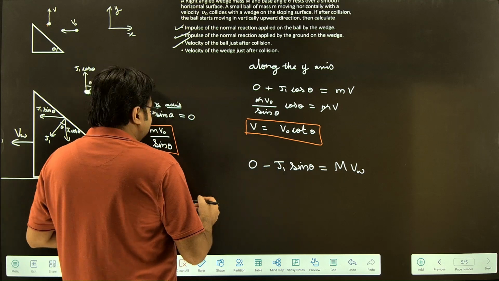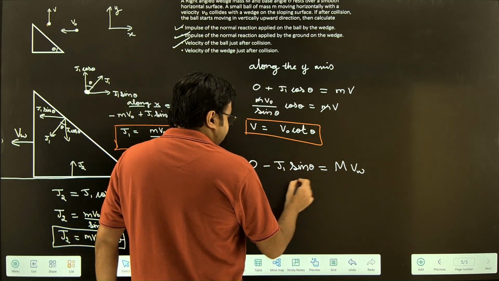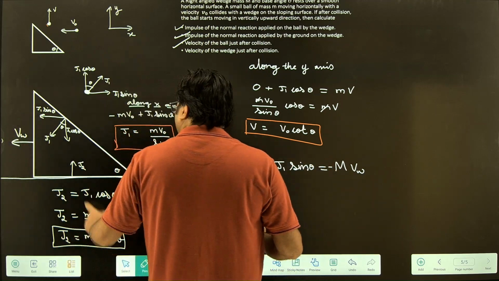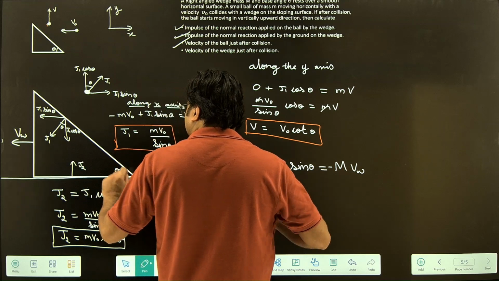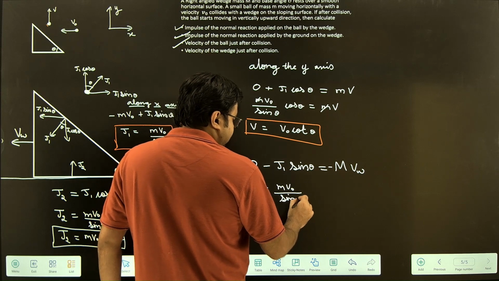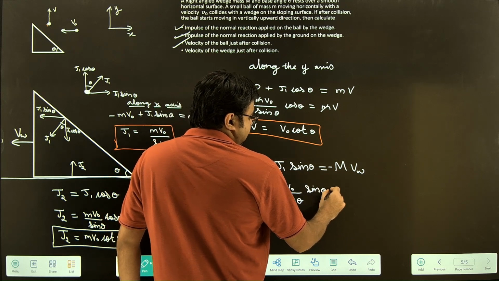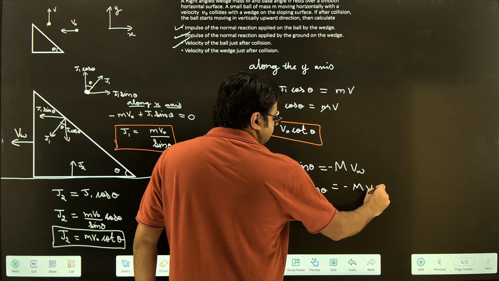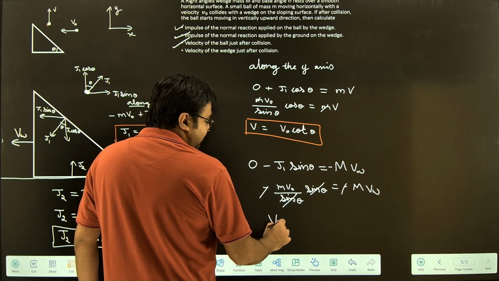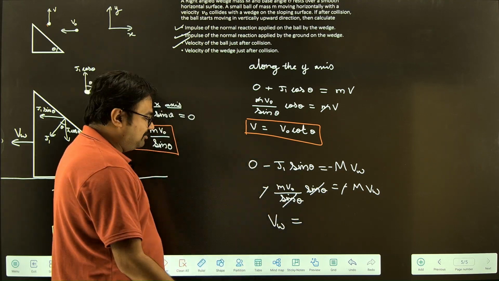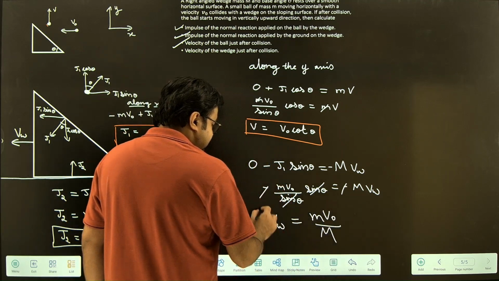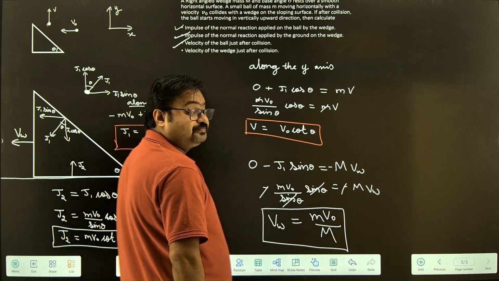J1 has been found some time ago, and it moves in the negative x direction, so I put the negative sign there. So minus J1, being mv naught divided by sine theta, multiplied by sine theta, equals minus MVw. The minus and sine theta cancel, so the velocity of the wedge, directly from conservation of momentum, is mv naught divided by capital M. This is the velocity of the wedge.